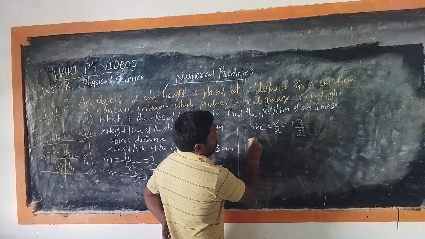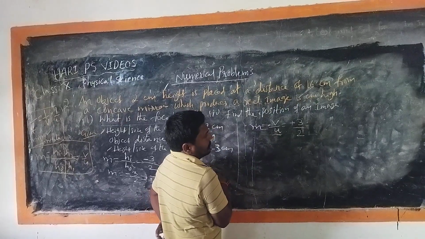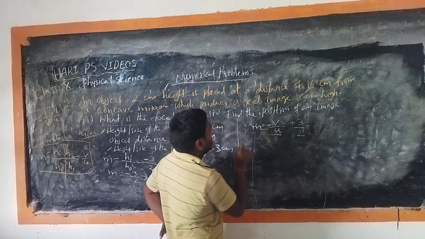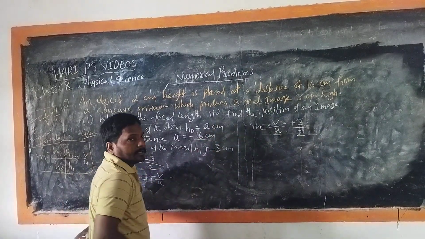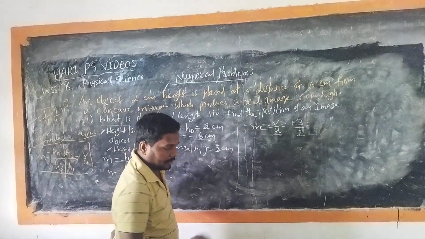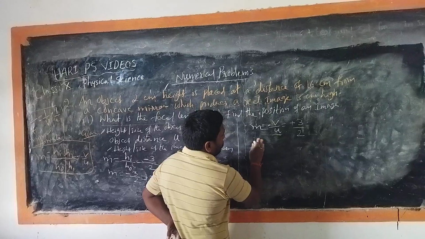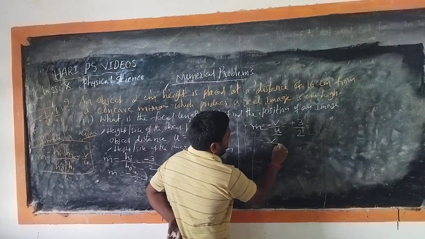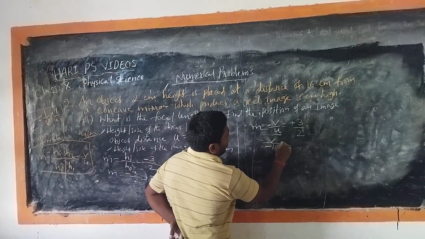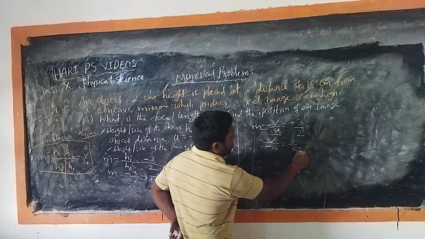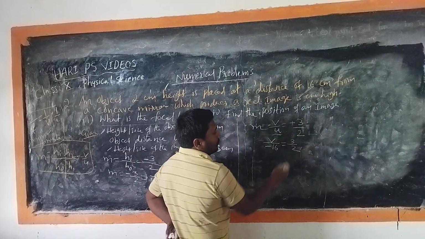What is the object distance? Minus 16 centimeters. So v by minus 16 equal to 3 by 2.